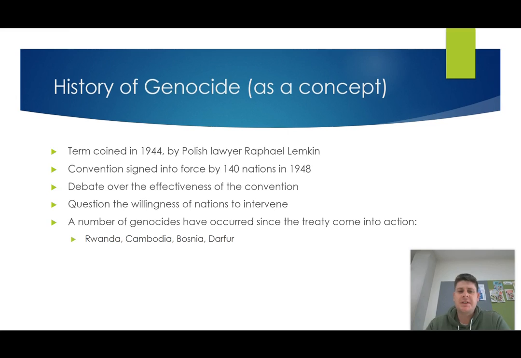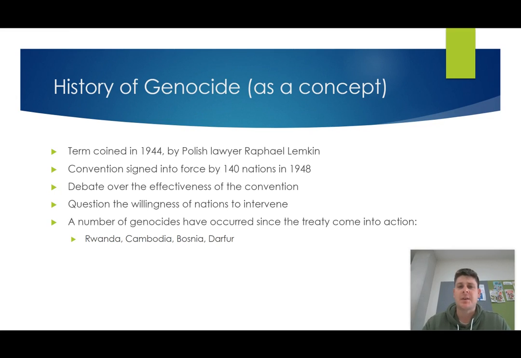It was first coined in 1944 by Lemkin. You can see this. In 1948, most of the nations in the world signed this into force. The effectiveness of this convention is debated, and you're going to be looking at that today as part of this lesson. Now, genocide, considering where we have state sovereignty, can sometimes be undertaken by the states themselves, and sometimes by rogue or renegade groups within the nation.